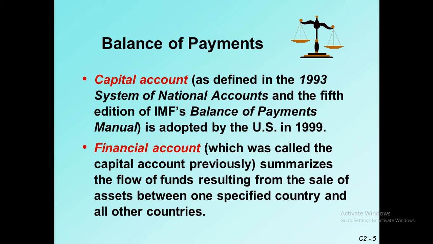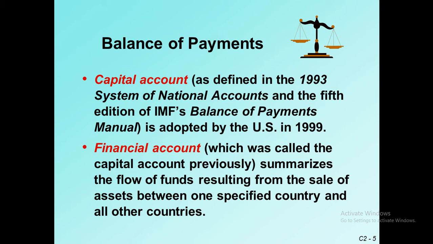Transfers by immigrants, the muhajirin, are also recorded in the capital account. The sale or purchase of rights to natural resources or patents are also recorded in the capital account.